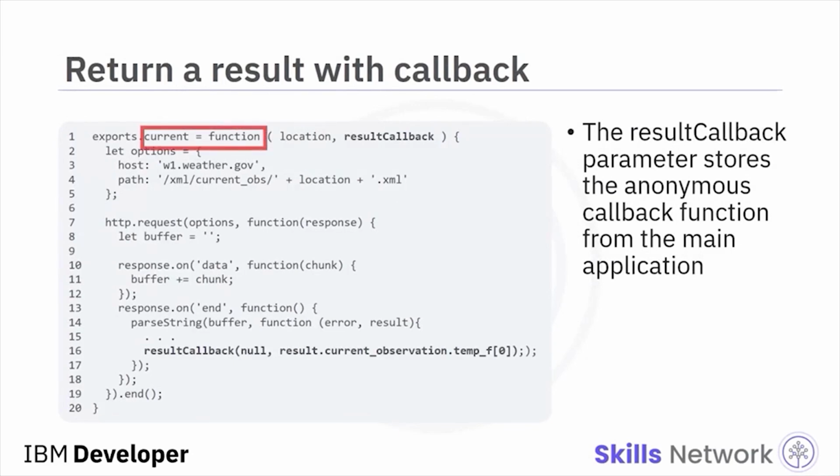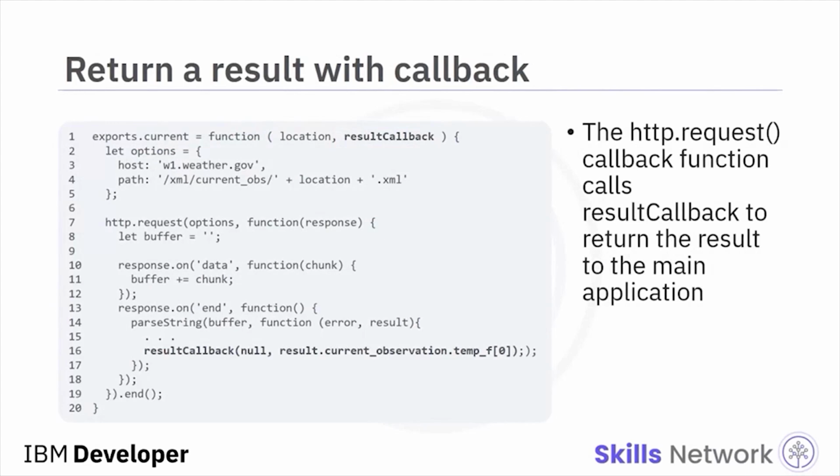Here, a function is defined for the property named current. This property will be exported as part of the module. The anonymous function takes a parameter named result callback from the main application. This is how you pass a reference to the main application's callback function to the Node.js module's callback function. The result callback parameter stores the anonymous callback function from the main application.